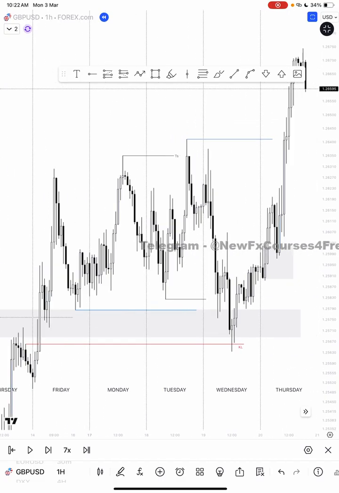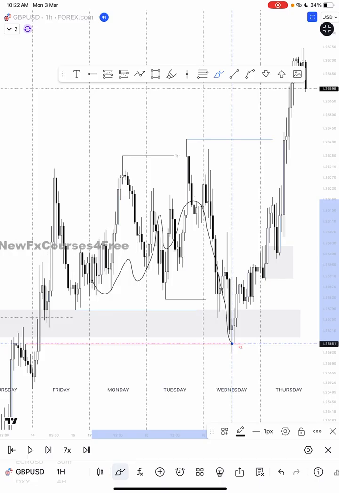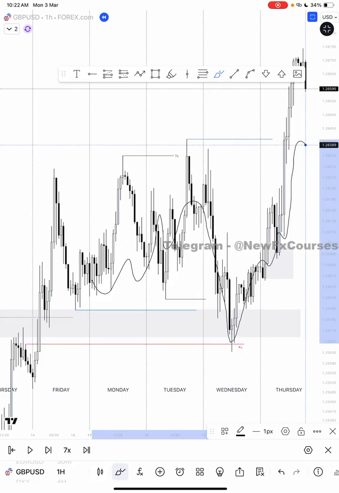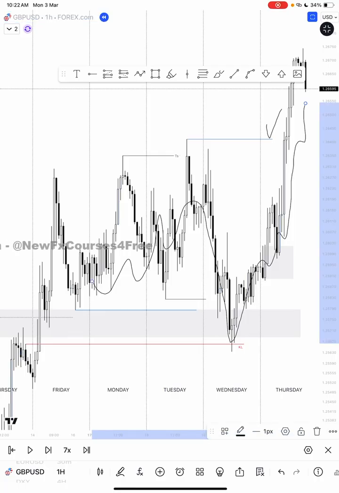So you can see the market profile: Monday and Tuesday range, Wednesday manipulation into our key level and rebalancing that imbalance, then Thursday expansion towards our long-term draw on liquidity. So that's for previous day high and previous day low.